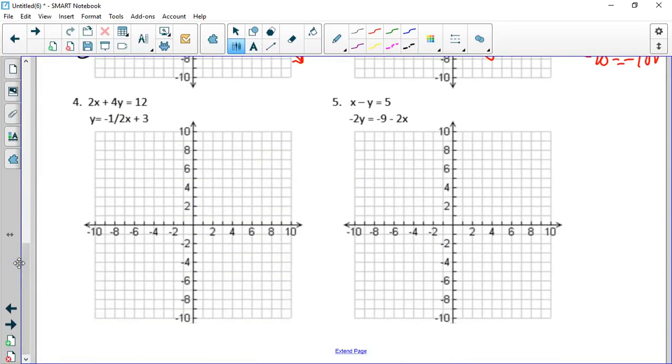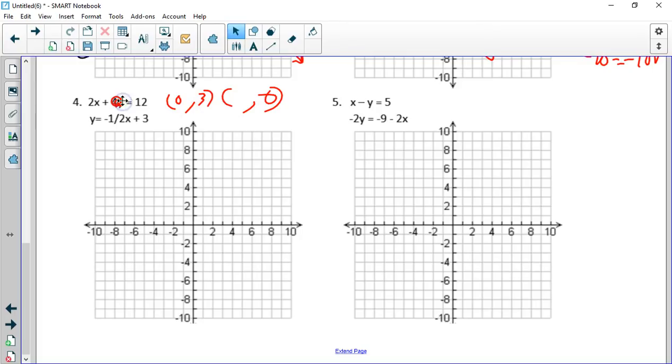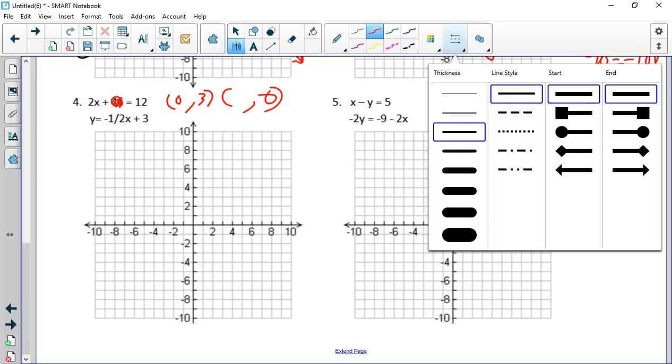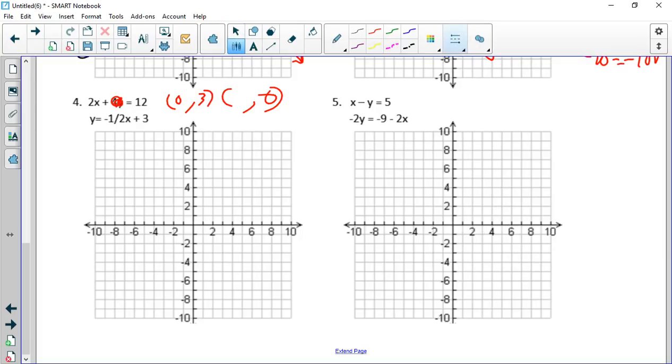Okay, last two. I'm going to use cover method here. So, plugging a 0 in there, that gives me 12 divided by 4 is 3. Cover method. 12 divided by 2, x is 6.